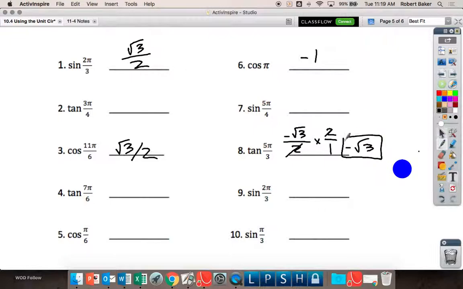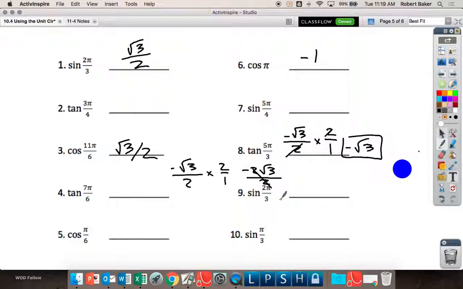No, you regular multiply. Okay, I'll do it the long way, just so you can see why it works. The negative square root of 3 times 2 is negative 2 square roots of 3. 2 times 1 is 2. So you can kind of do this like a factoring deal here. So you just get the negative square root of 3.